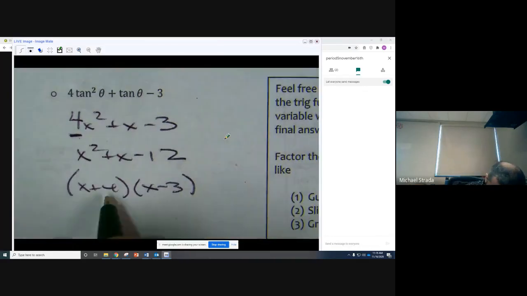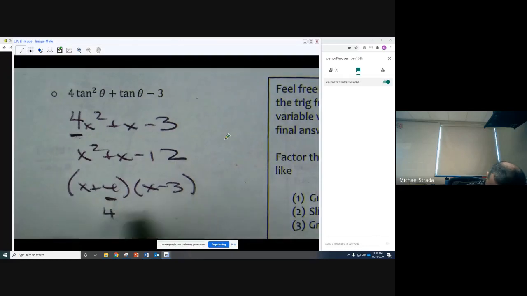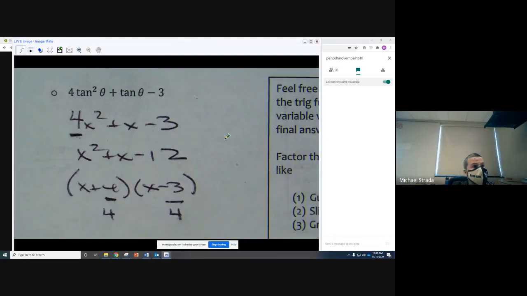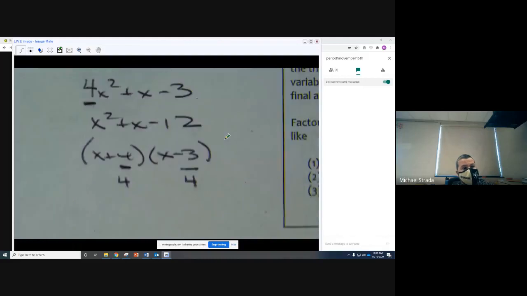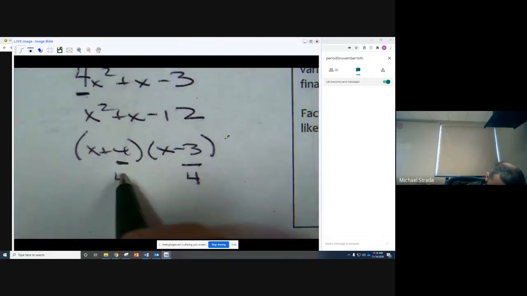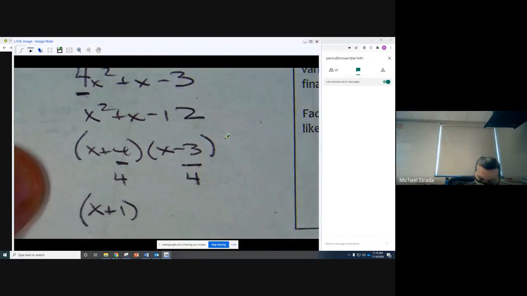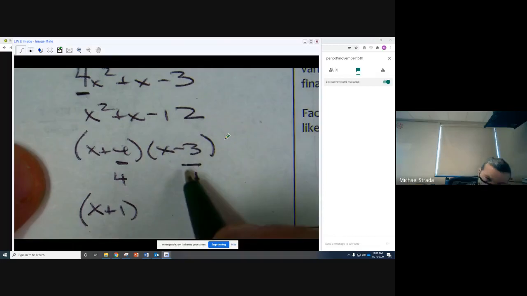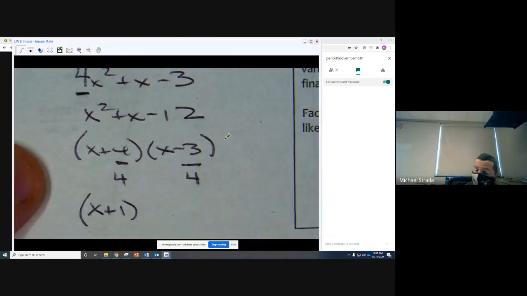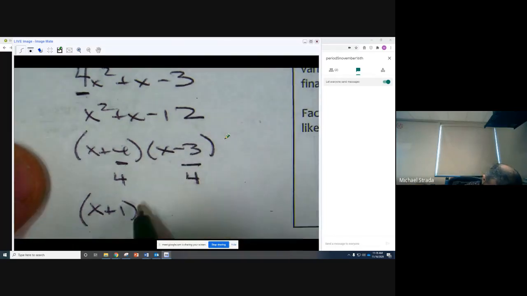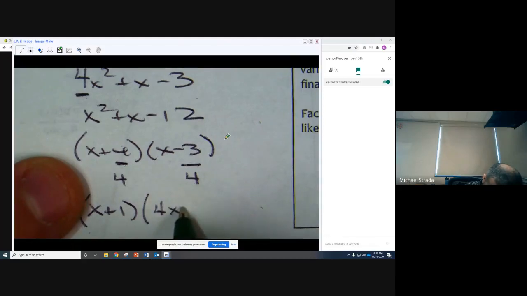You have to remember to bring that back and put it under your constant. If it goes in evenly, divide. 4 divided by 4 is 1, x plus 1. 4 doesn't go into 3 evenly. You look to reduce that fraction if possible. If not, you simply move it into the coefficient, 4x minus 3.